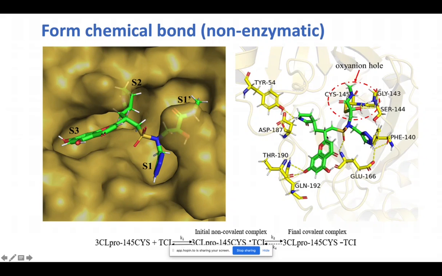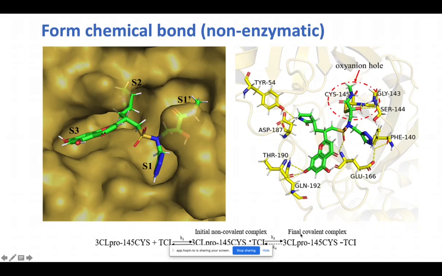Another idea we apply here is that we use a so-called bonded interaction. So this molecule not only binds to this active pocket, but there actually is a cysteine residue 145 on the M protein that potentially can form a chemical bond to this ligand.